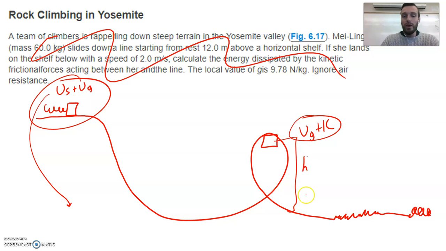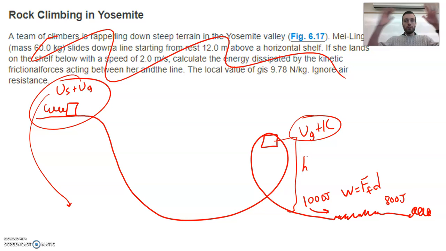Let's say you have 1,000 total joules coming in right here, and then you hit this friction place. Well, we know that when work is done by the force of friction, energy changes. So if I gave you the mu, and you knew the mass of the object, you could do the whole normal force equals the force of gravity thing. If I gave you that distance, you could solve for how much energy was dissipated or lost in non-conservative work, and maybe only 800 joules comes out the other side.